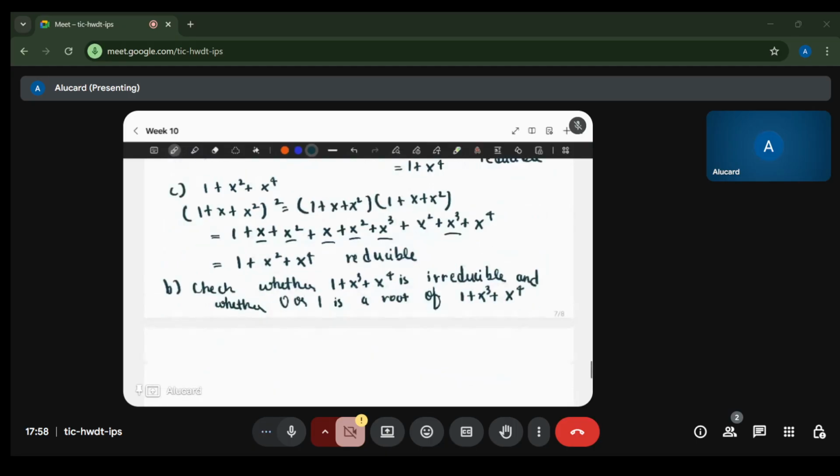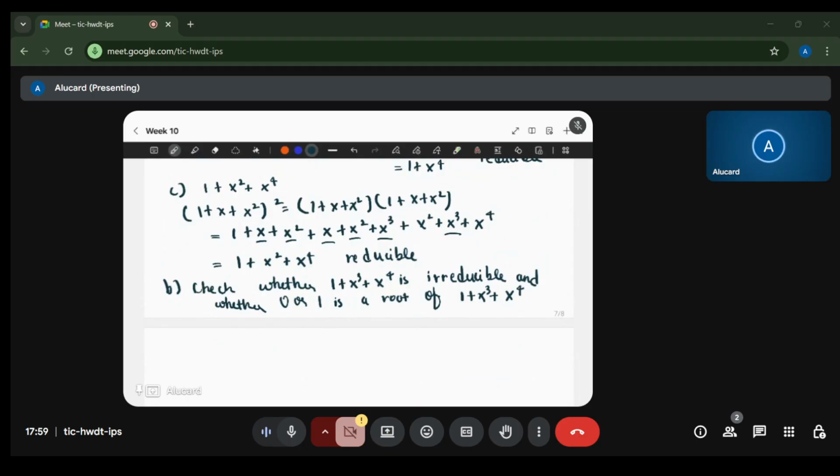So to check if it is divisible by x, which can also be written as x minus 0, it is enough to check if 0 is a root of 1 plus x cube plus x power 4. It's not. So you can say x does not divide 1 plus x cube plus x power 4.